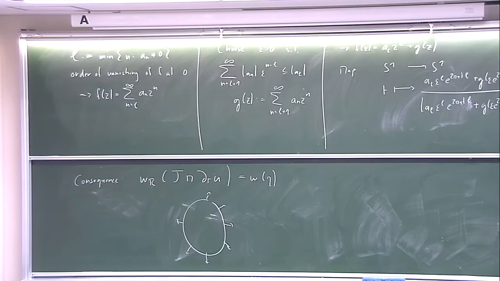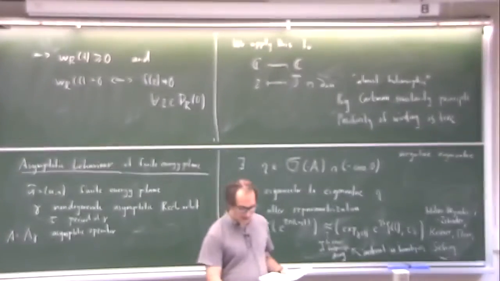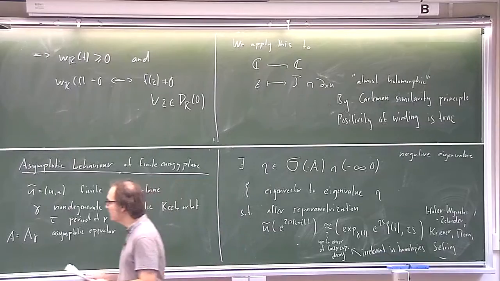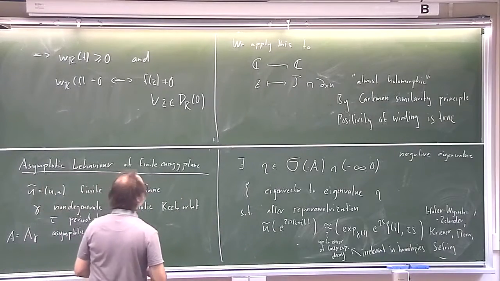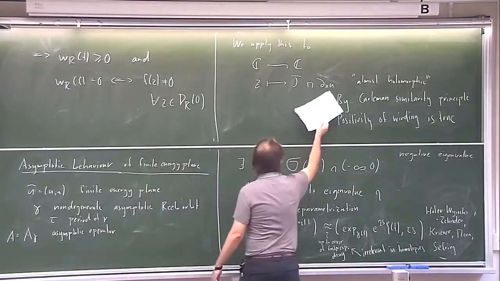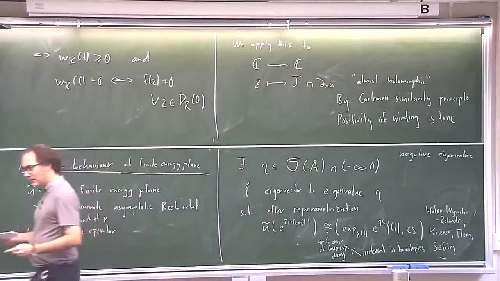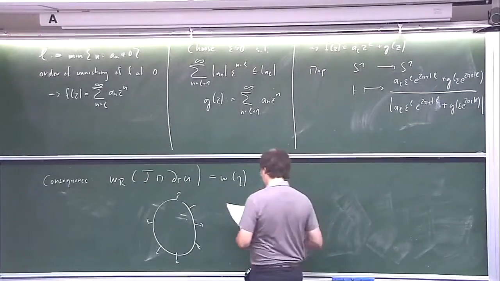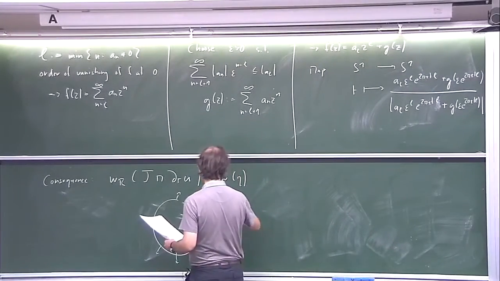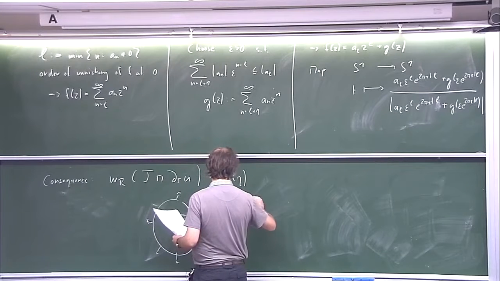Now we just need to see, if we have dxu here and dru here, how their winding numbers are related for R large enough.